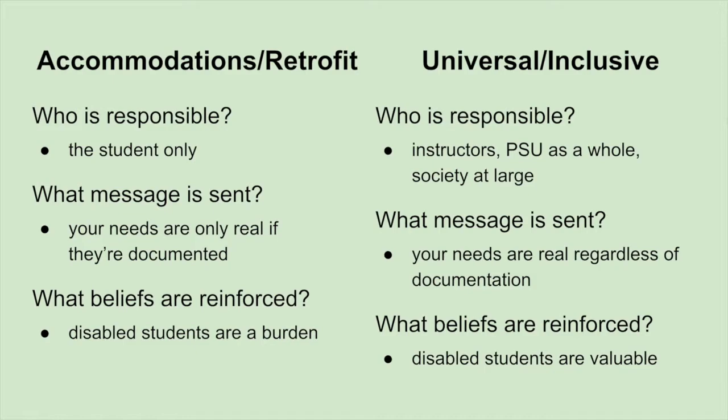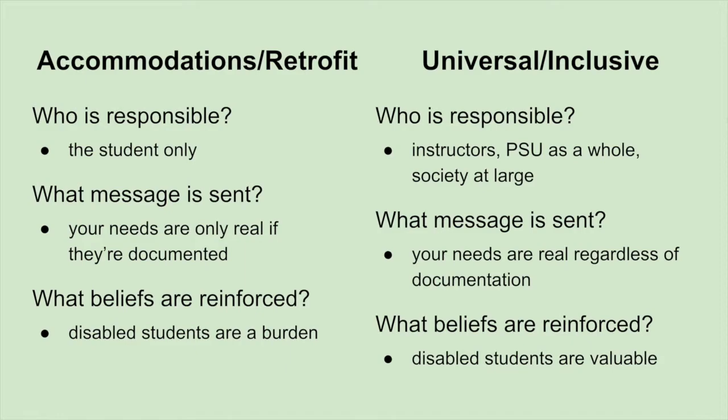There are so many barriers to obtaining accommodations through the DRC: time and energy constraints, institutional bureaucracy, etc. If you are a first-generation student, a single parent, a person working full-time, or a person without a diagnosis, you might not be able to get your needs met using the accommodations process.